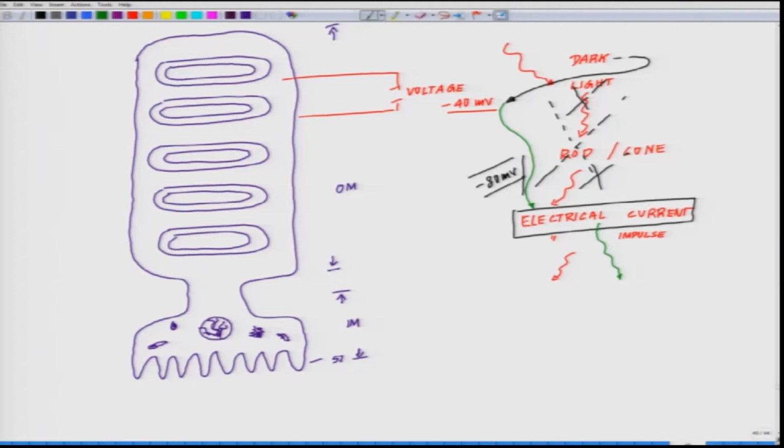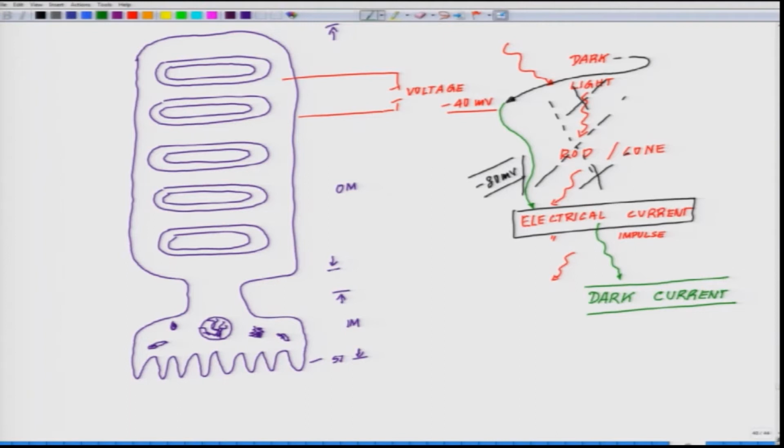Before I get into that point, for the first time when this was discovered, it was given a term called dark current. It means the current is generated in the dark.